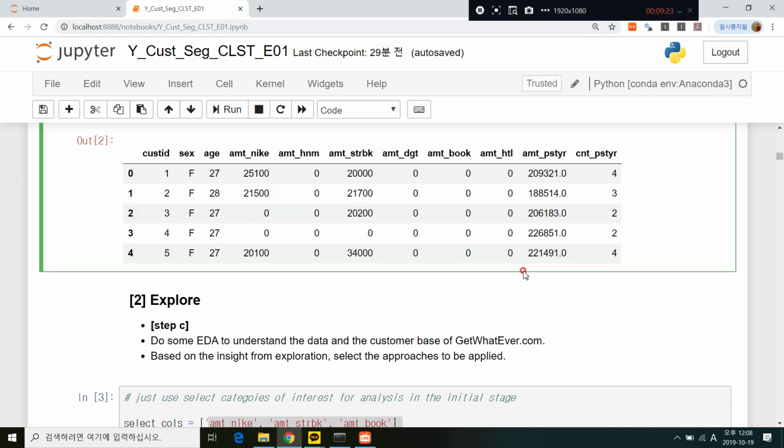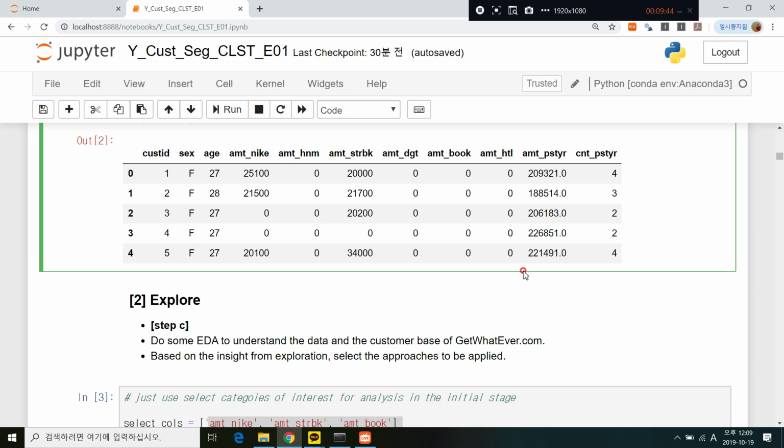Here's the data sample: customer ID, sex, gender, and age, and how much they bought in the Nike category. And here, Nike is not just a brand; it's a category.